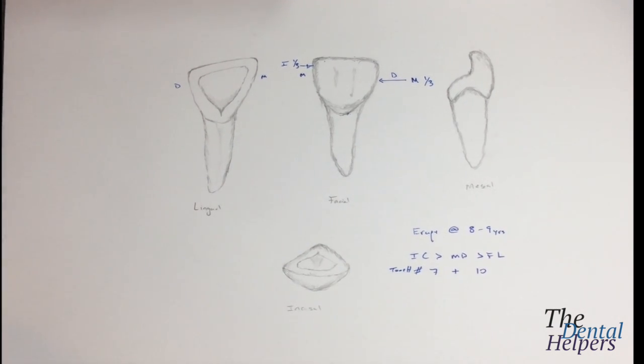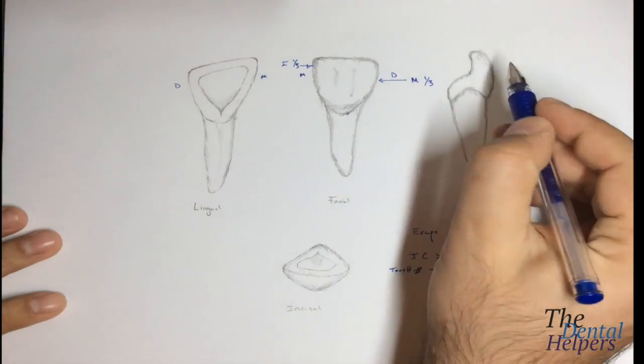Now let's look at the height of contour. If we look at the height of contour on the maxillary laterals, sorry about that mistake right there, we're going to see that the height of contour is pretty much going to be the same as before, where the height of contour is still going to be the cervical.